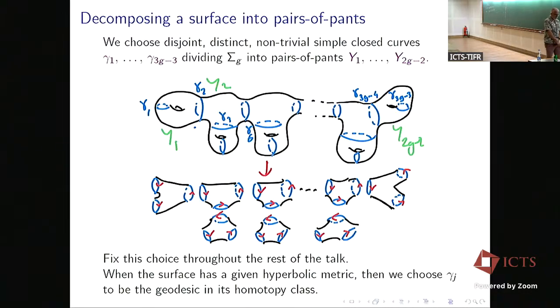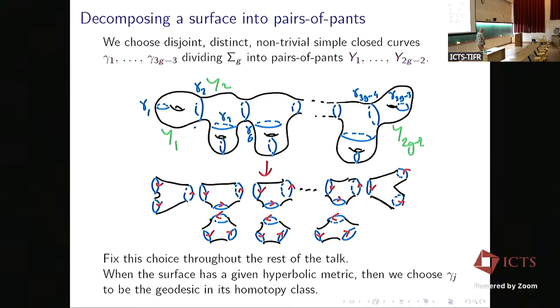There are plenty of ways to decompose my surface in such a way, and there's a nice, interesting question about moving backwards and forwards between different decompositions, but I'm sure we're going to hear about the pants graph later on in the conference.